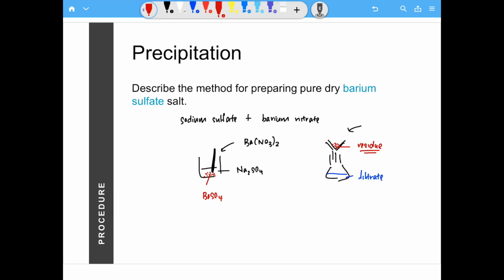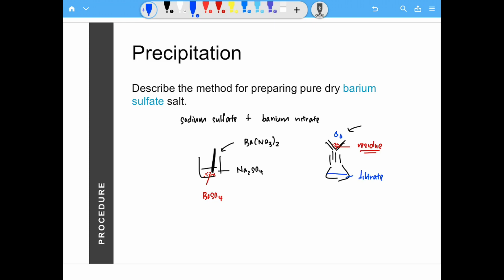Now that we have barium sulfate in the residue, the method doesn't stop here, because right now the residue may be contaminated with some of the remnants of the solution. So we need to wash with some cold distilled water. Why do we need cold water, and why only a bit of it? It's because even though the residue is insoluble in water, all salts have some solubility in water, so we want to avoid having too much of the salt dissolving. One way is to use as little water as possible.